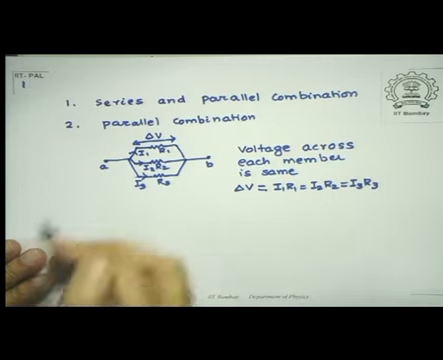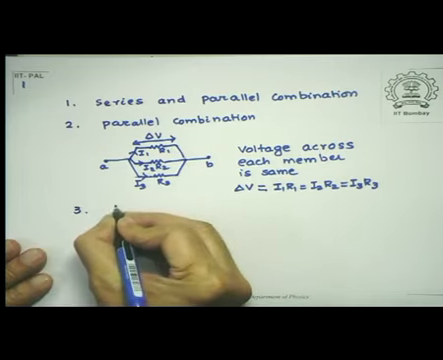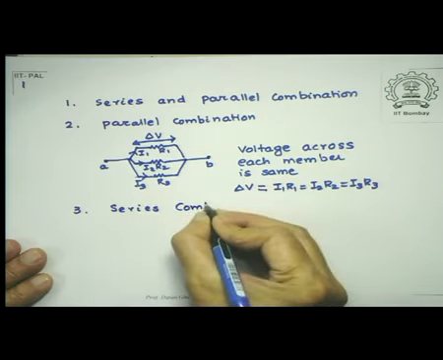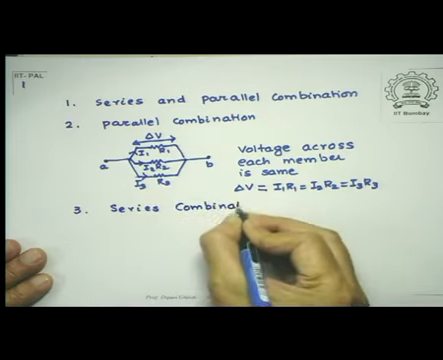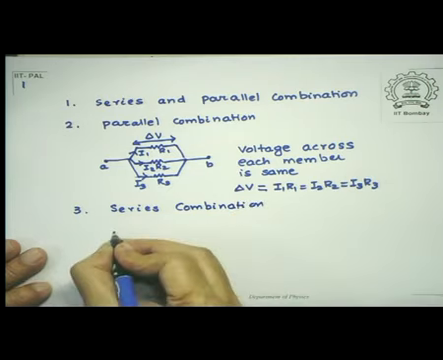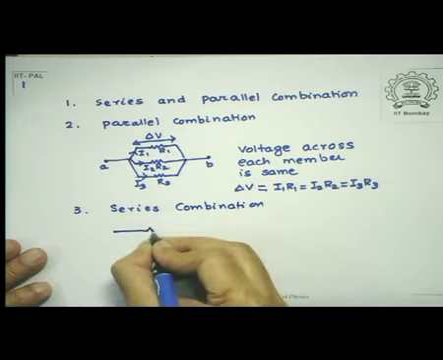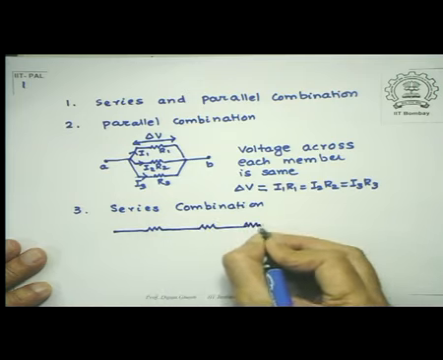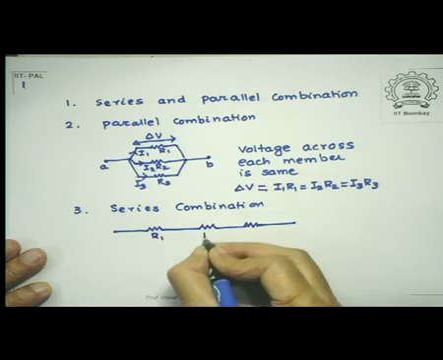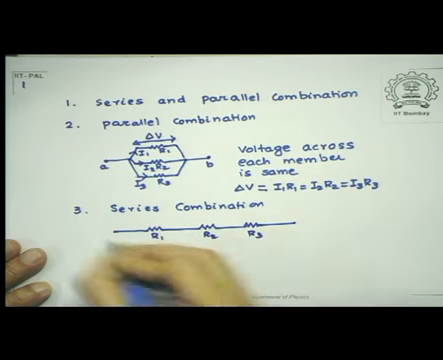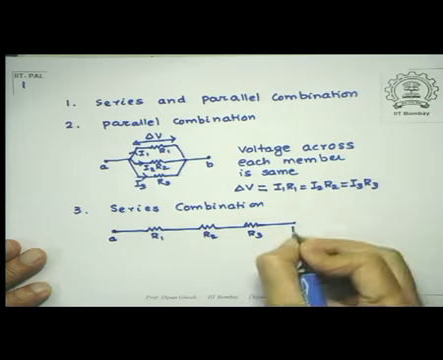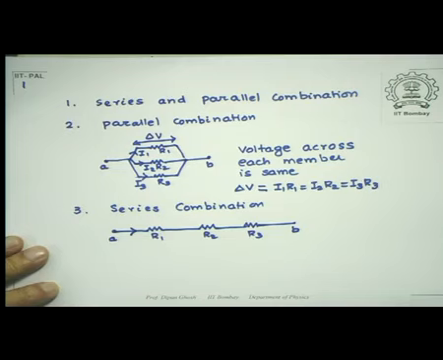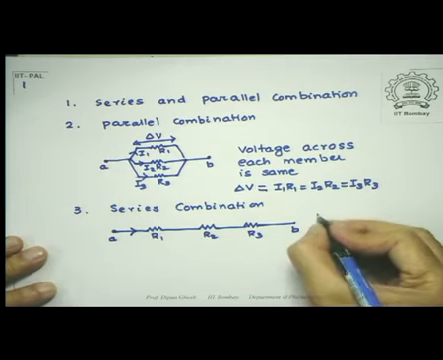So that's one. We next defined what is called a series combination. So that's of course a much simpler one. There what happens is this, that there are various resistances in that combination. Let's again call them R1, R2, R3, and this is the point A to B. Now this is defined as a combination in which the same current passes through.